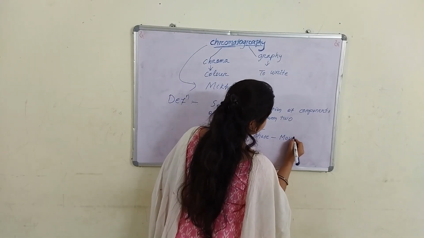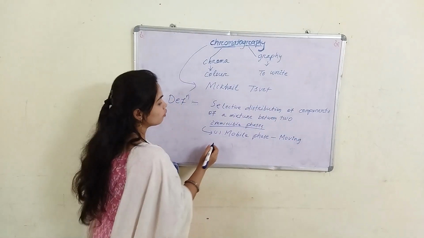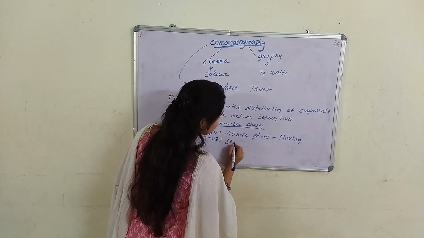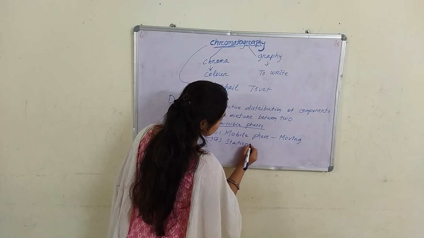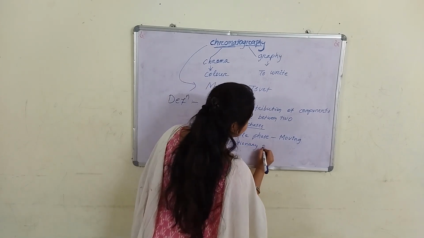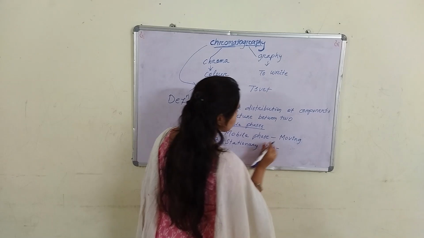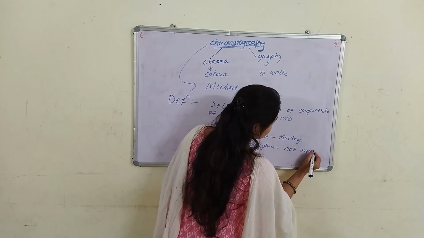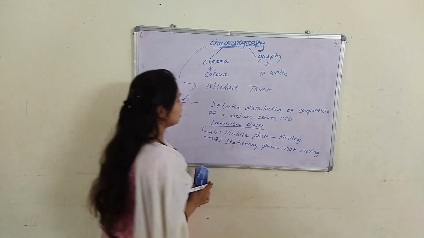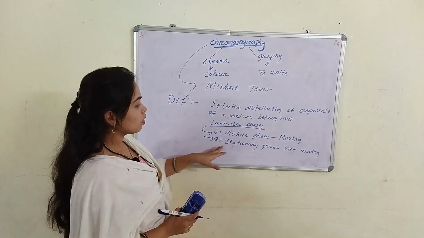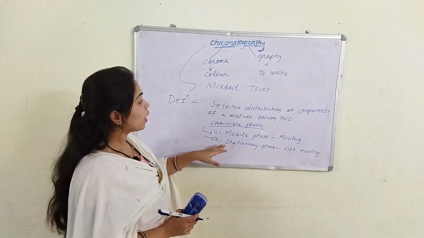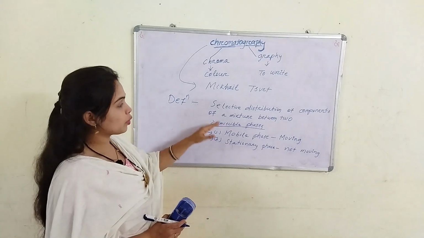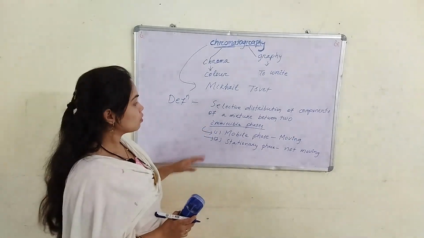And another one is the stationary phase, the phase which is not moving. The mobile phase goes through the stationary phase, picking up the components of a mixture, and it separates the different components in that mixture.